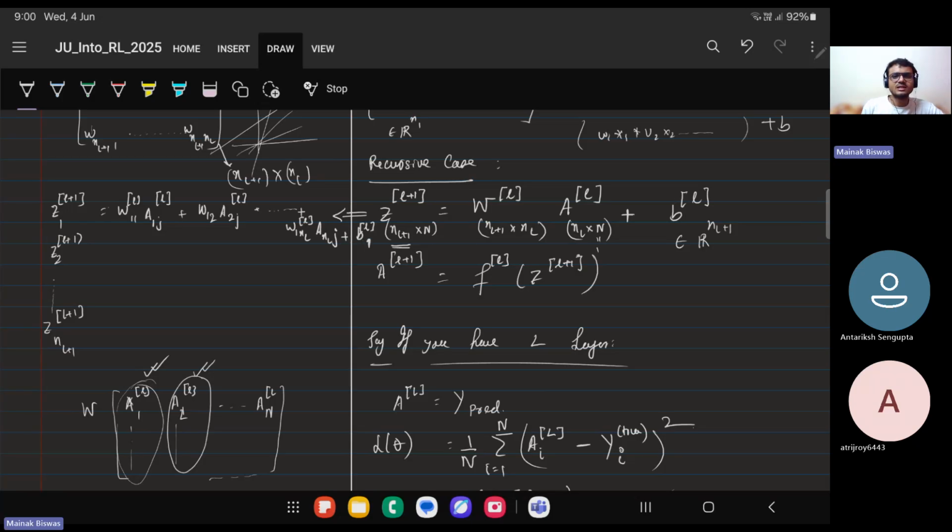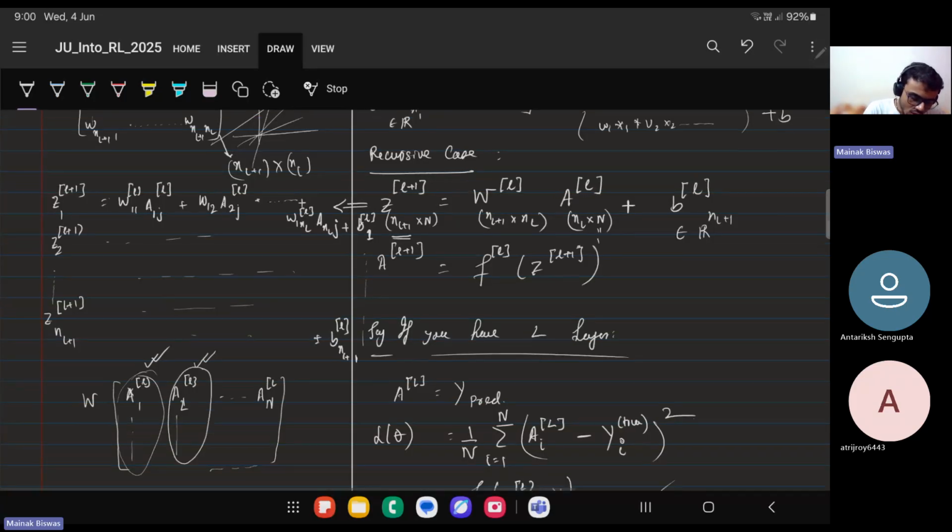Did you understand where the B is coming from? And the N_{L+1} equation will have B_L N_{L+1}. Got it. You will have all these equations stacked up in this matrix. And this is called broadcasting.